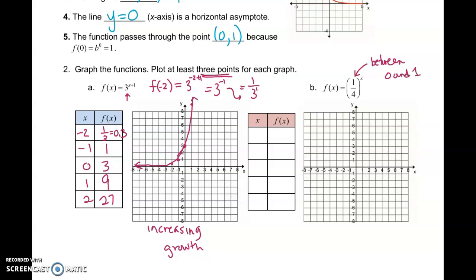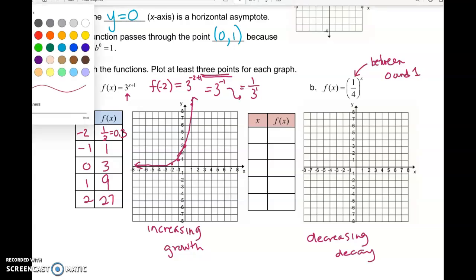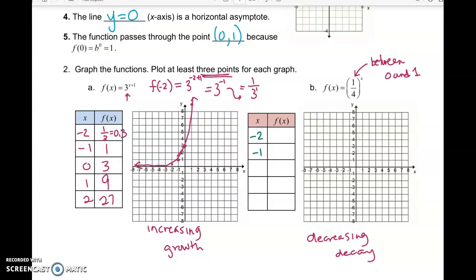And so when you have a base between 0 and 1, it will be a decreasing exponential function, and this will represent decay. So let's try plotting some points here. I'm going to give you the points that you should choose, and we'll start around the origin, and if we need to, we can switch these points. So try putting in those points and see what you get.